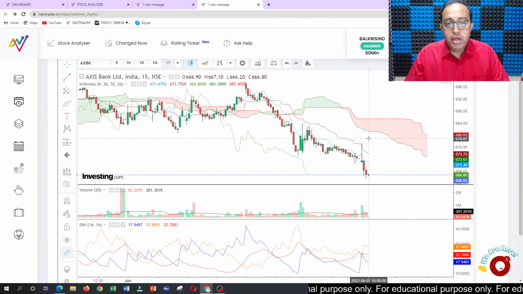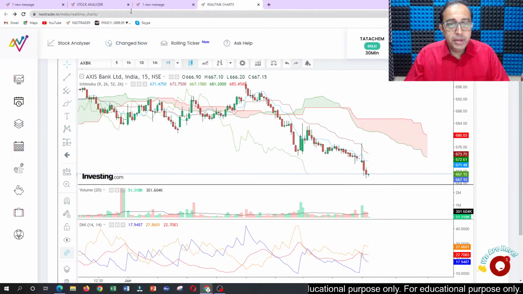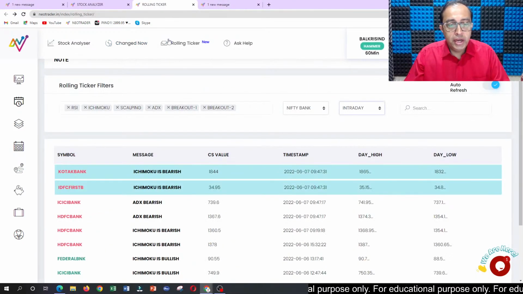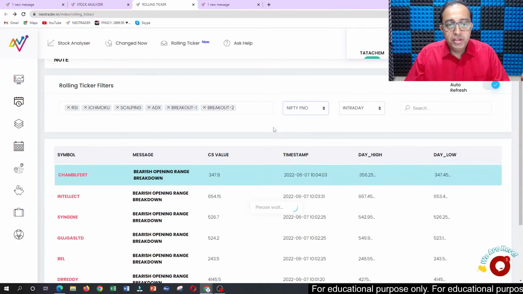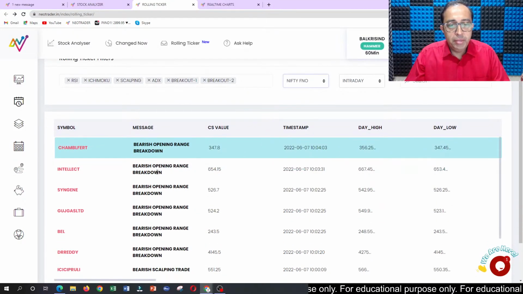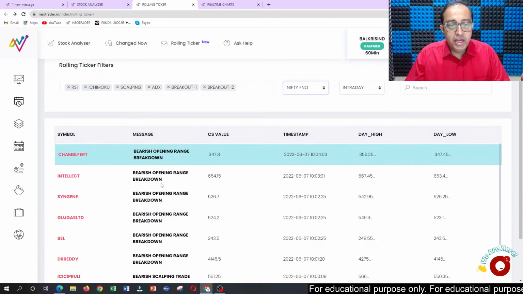So now as you can see here that there is a lot of opportunity here for us to participate, and when you take a look at these kind of active market moves, it always gives you a very good indication. All right, so now you can see here that more range breakdowns are happening in Chambal Fertilizer, Intellect Design, Syngene.